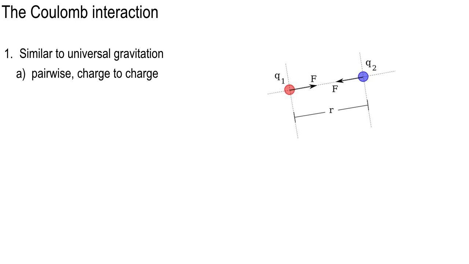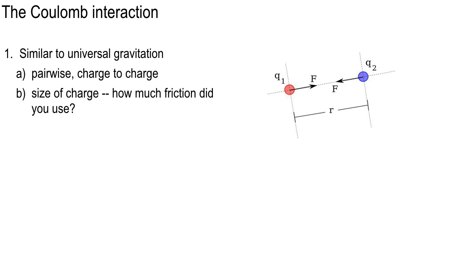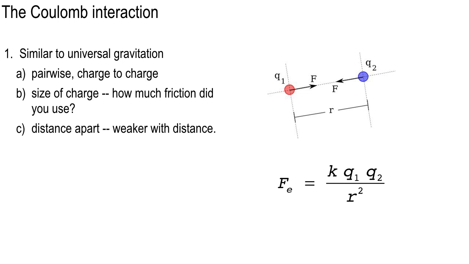All right? So Q1 and Q2, and the distance between them is also the other physical factor. So how big your charge is, Q1 and Q2, the distance apart, and what Coulomb found was that the further apart they were, the weaker the force.